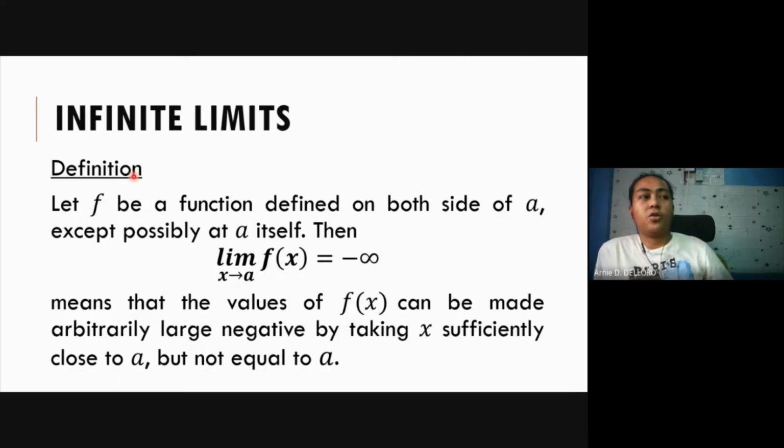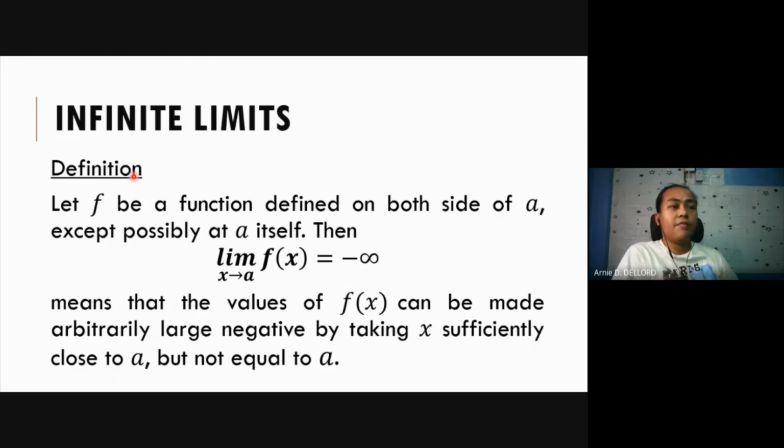Introducing the definition of the infinite limit. Okay, so we let f be a function defined on both sides of a except possibly at a itself. Then the limit of f of x as x approaches a is equal to negative infinity, or it decreases without bound.